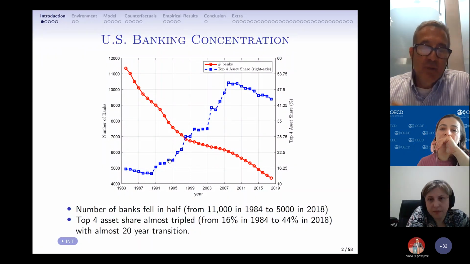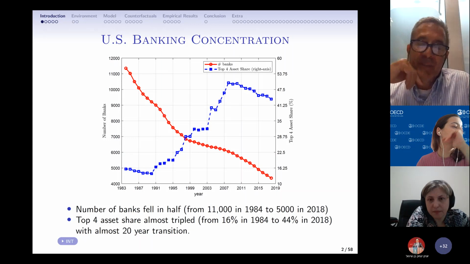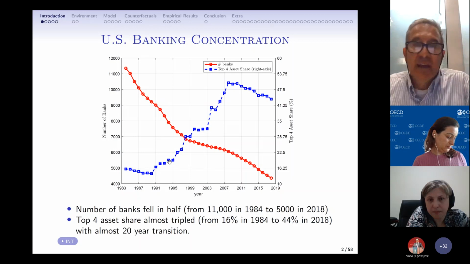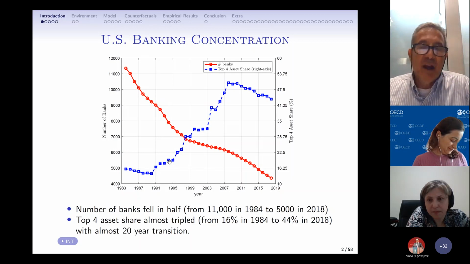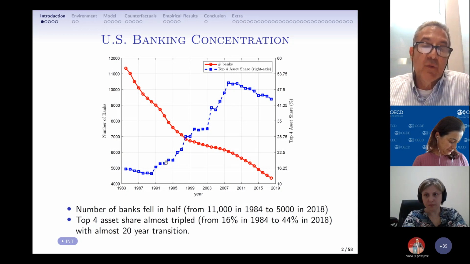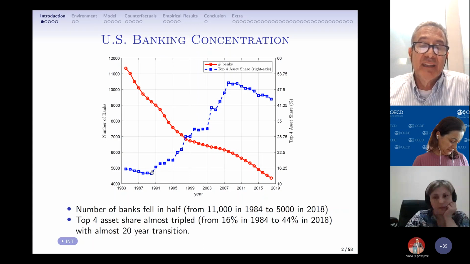There was a really important regulatory change in the United States in 1994. It was the Riegle-Neal Act. Prior to 1994, at a national level, banks were not allowed to cross state bounds. Prior to that, however, some states did allow cross-state branching.